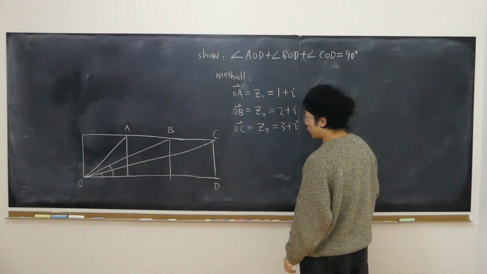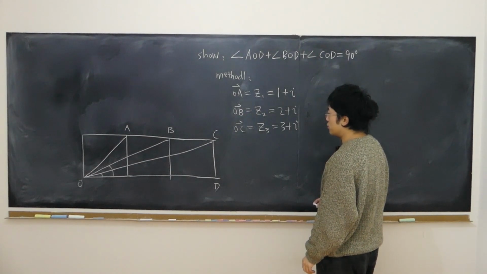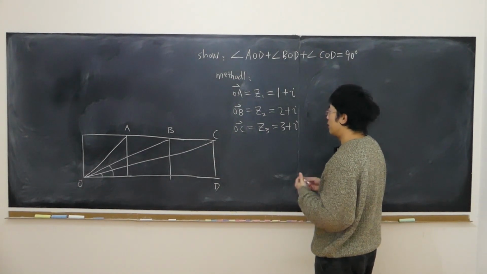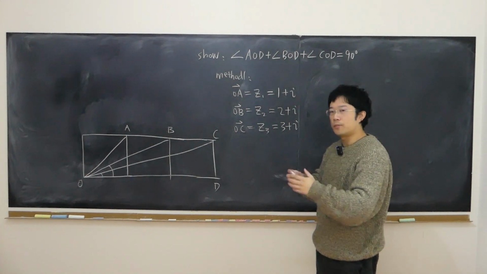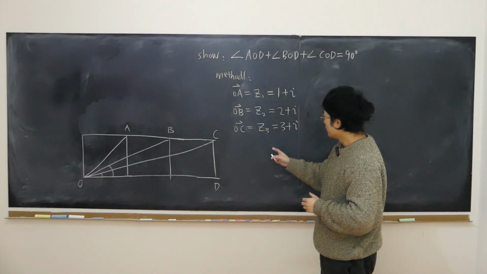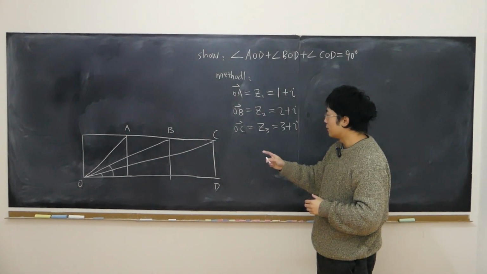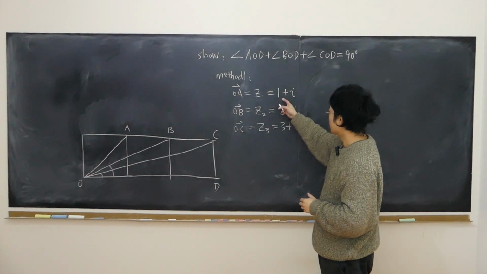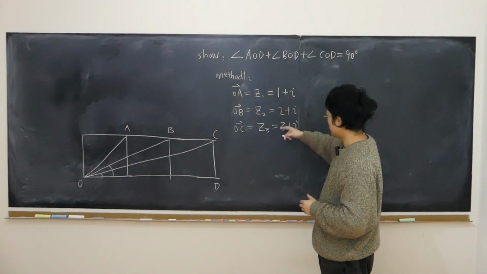And to find out the angle sum, we just have to multiply those 3 complex numbers together. Because remember, according to the multiplication rule of complex numbers, we end up with a new complex number, and that new complex number has the following properties. Our new complex number would have the length that is equal to the product of the length of each of these complex numbers.